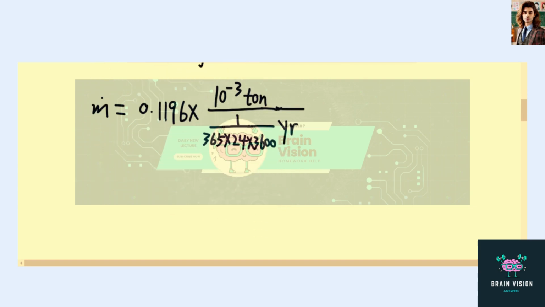And this will give us the mass flow rate for a year, which is about 3,772 tons per year. And these are the answers for this question.